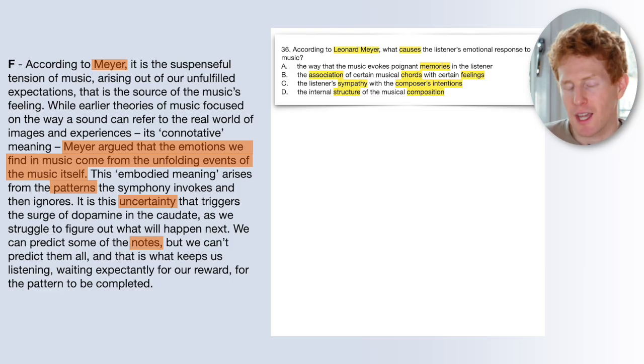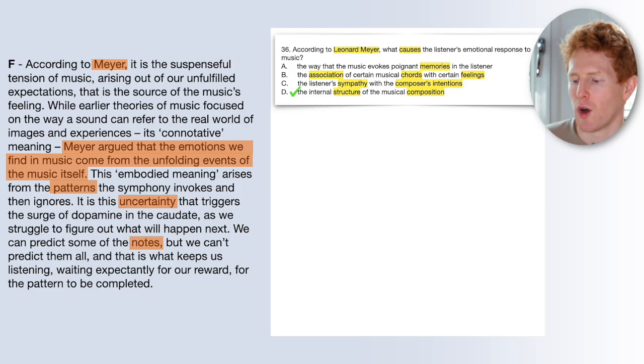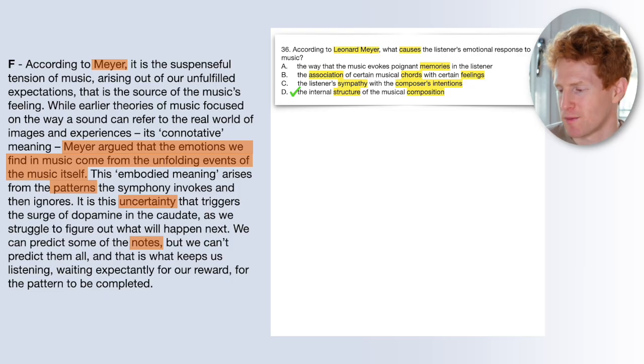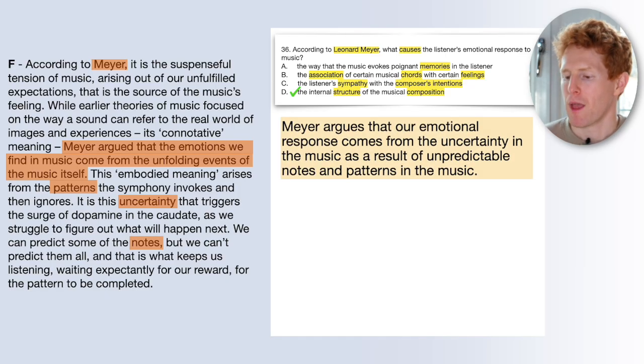The answer in this case is D, the internal structure of the musical composition. Now, why is that the correct answer? Because Meyer argues that our emotional response comes from the uncertainty in the music as a result of unpredictable notes and patterns in the music.